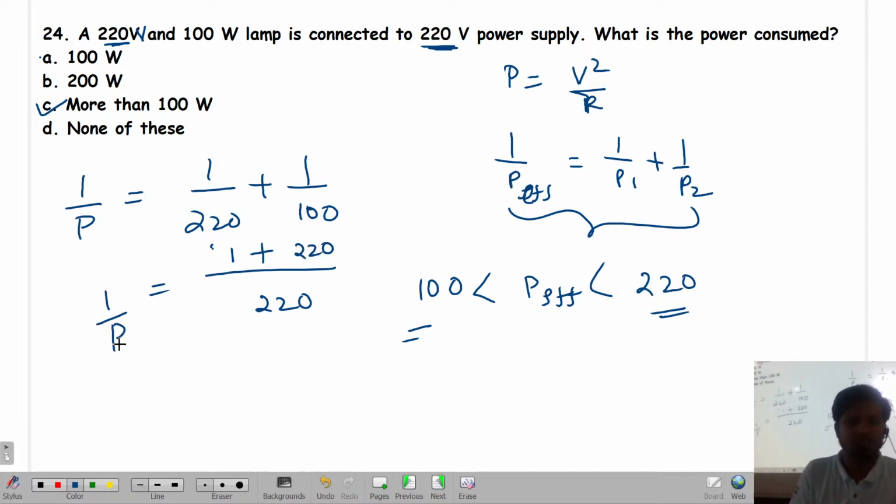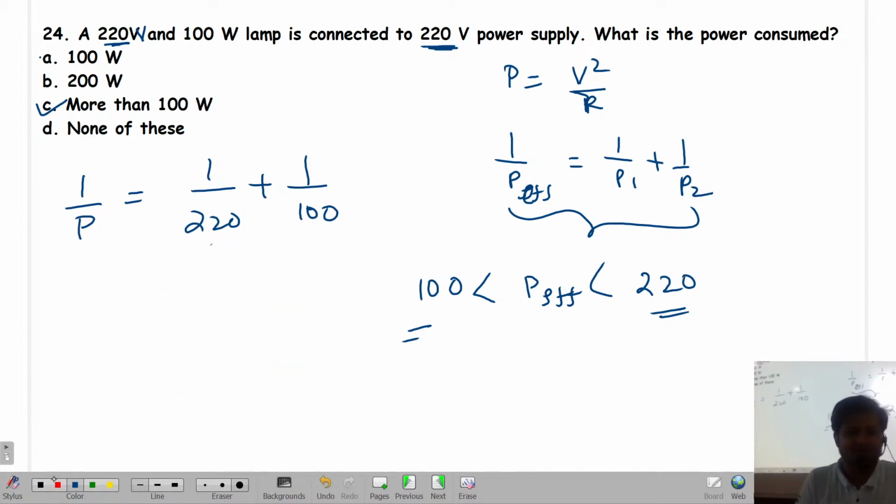So this is 1 by P. P is equal to 220 by how much? Right or not? Okay, so you have to take the LCM. It's not correct. What you do, you take the LCM first.